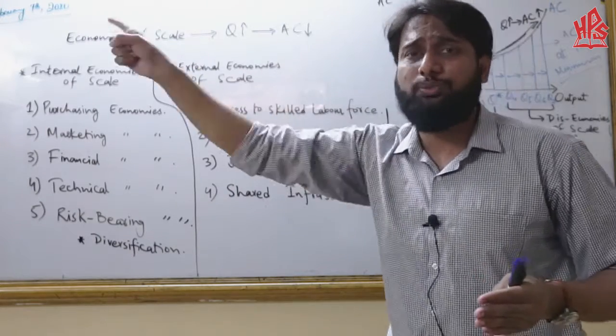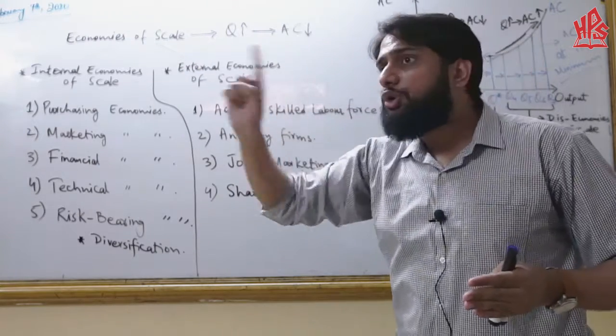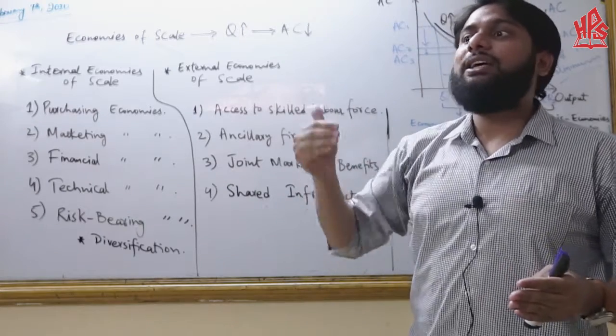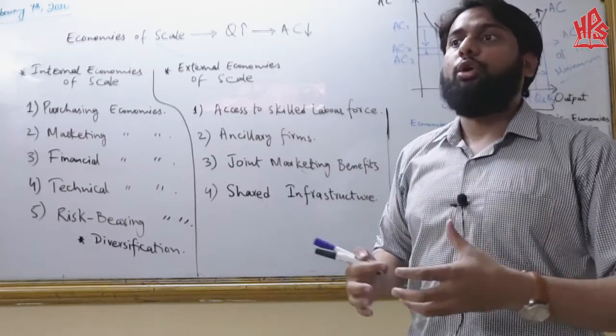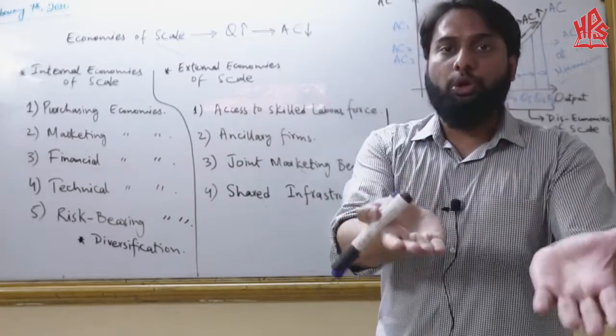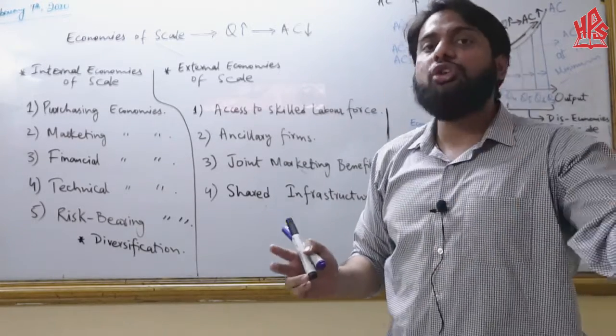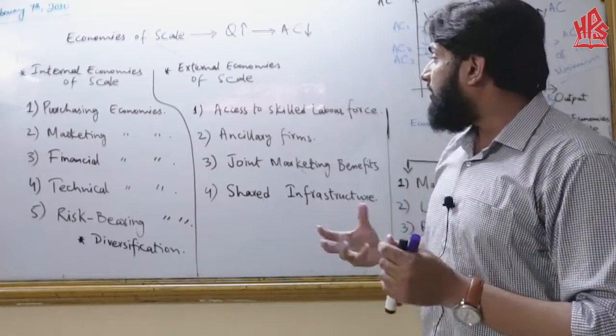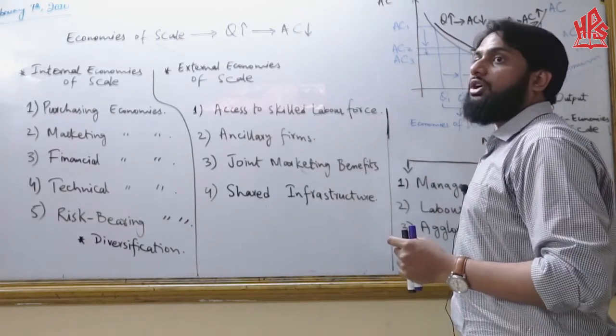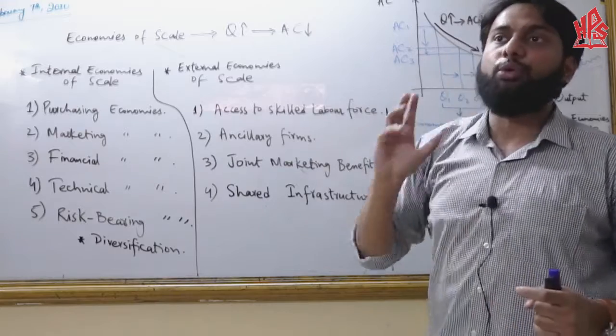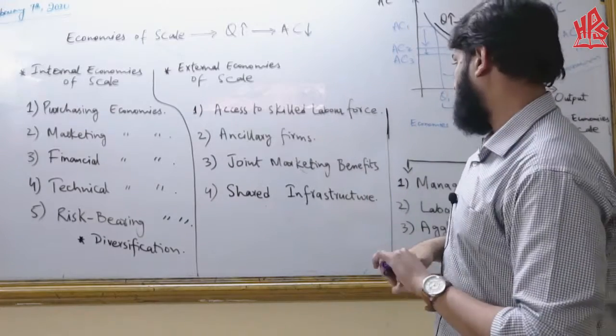So you have to face the transport cost. But if that bank establishes or shifts near your production area or business area, the transportation cost also minimizes. In this way, these other firms and businesses support your business to minimize your cost.